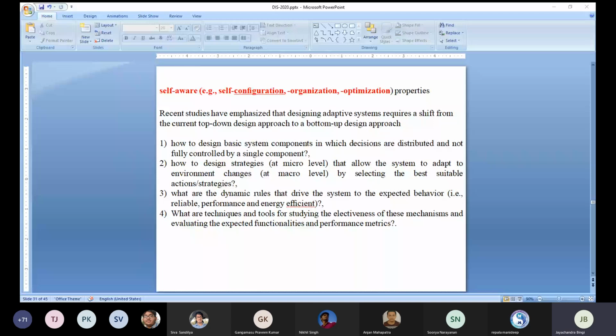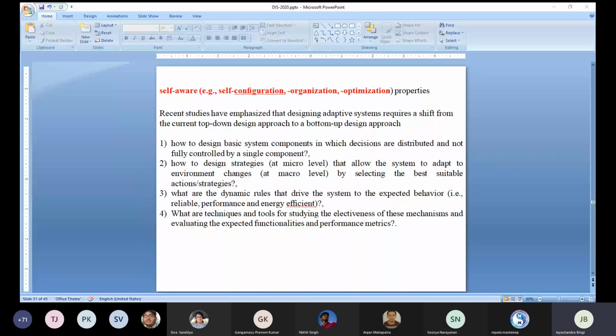What are the dynamic rules that drive the system to expected behavior? That is the question most important for you to understand what intelligence is. What is the basis for all these properties to occur? Self-evolve, self-improvement, self-awareness: how are these all happening in systems, in biological systems?